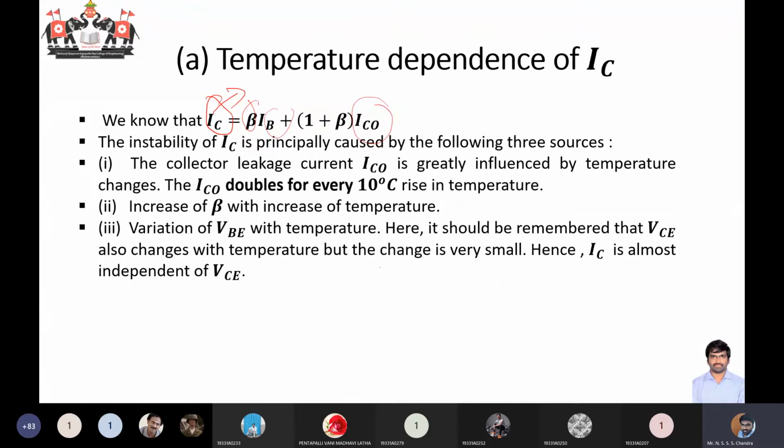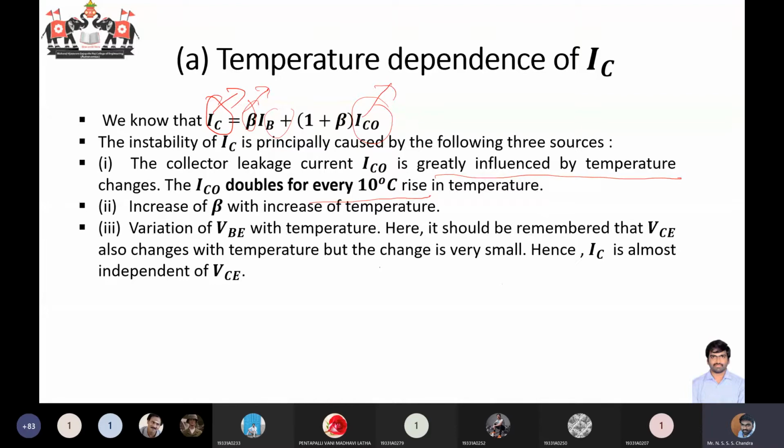You know that this leakage current IC naught is greatly influenced by temperature. IC naught doubles for every 10-degree rise in temperature. Also your beta is dependent upon temperature, and along with that your VBE value, the voltage drop between your base and emitter, will depend upon the temperature.